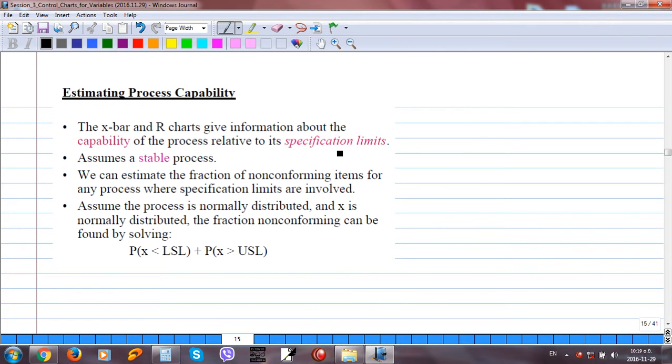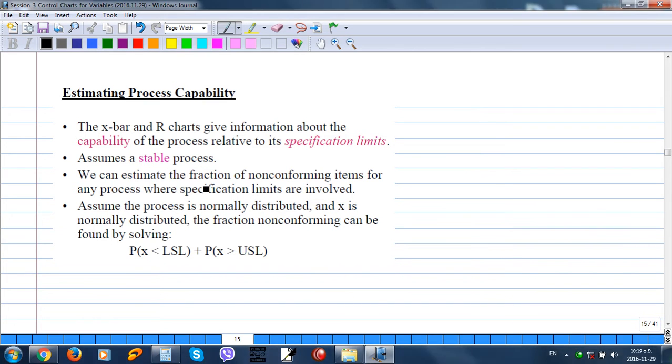The specification limits are defined by the person who is responsible for this statistical process control. There is no mathematical relationship with these specification limits. And assume a stable process. If all the data is within the specification limits, we call this a stable process.